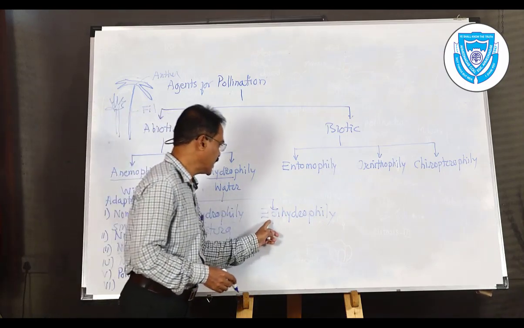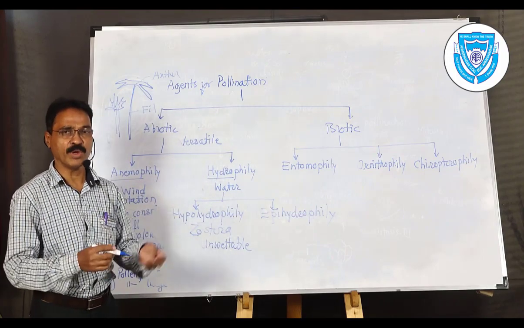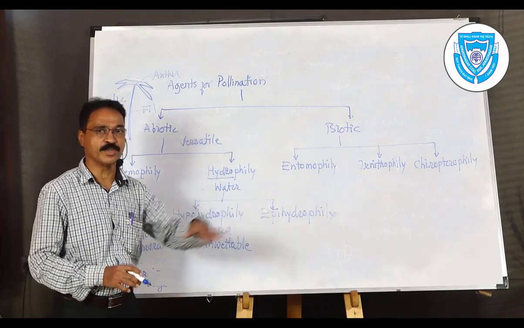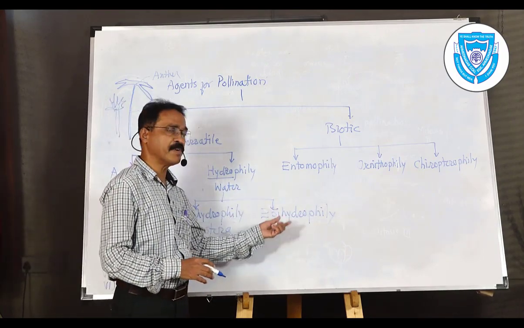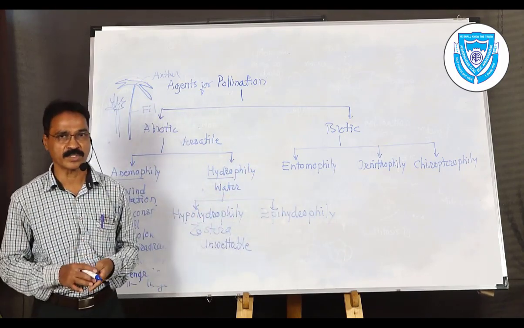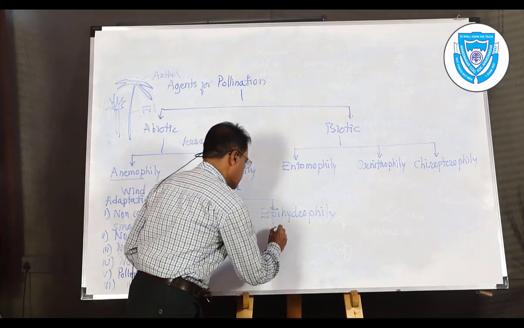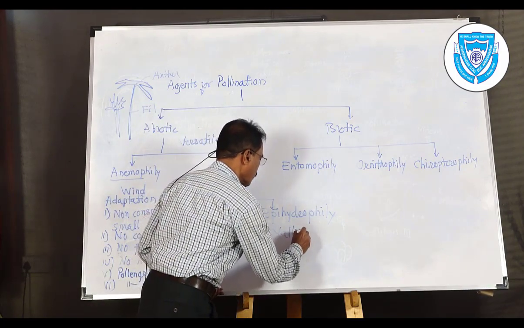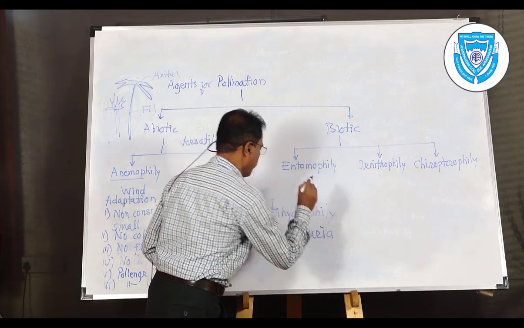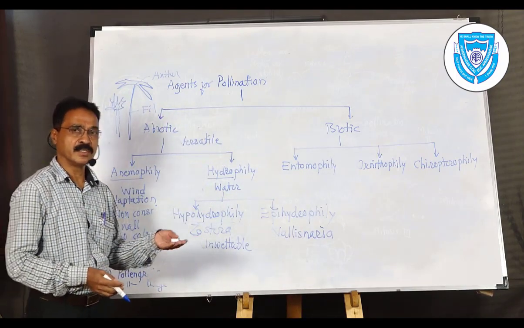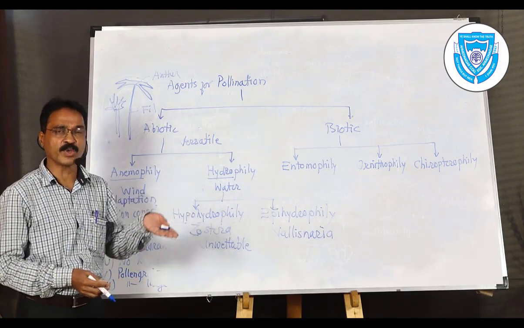In the second one, the epihydrophily, the pollination takes place at the surface of the water. That means the specific gravity of the pollen grain is the same as that of the water. The example is Vallisneria, where the flowers come out to the surface of the water.